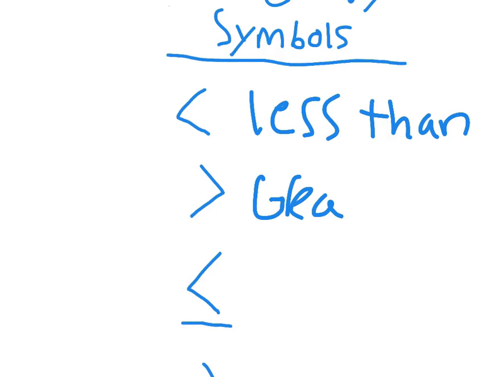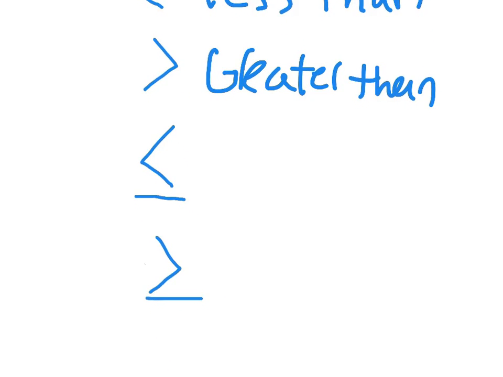Greater than. And then the next two, which are the equal to's: the first one would be less than or equal to.